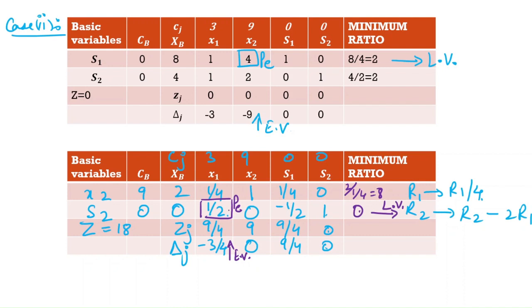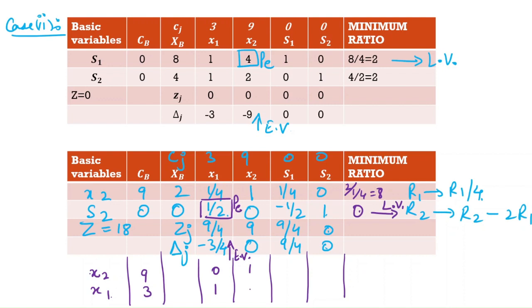So we would be making another table. So here it would be x2, x1, so this would be 9, 3. Now the other values I have not created the table, never mind, I'll just do it here only. So I have to make it 0, so this would be 0, 1, 1, 0.